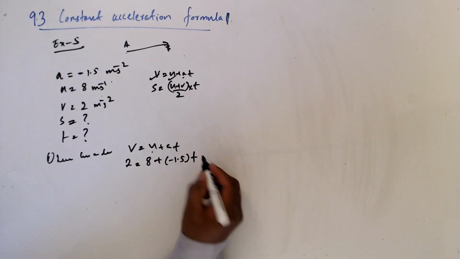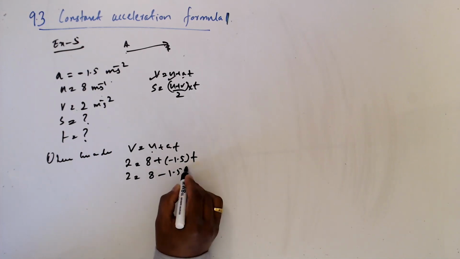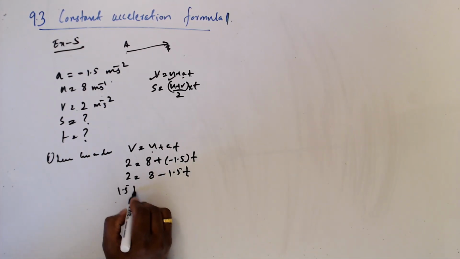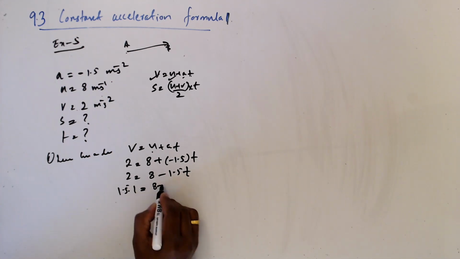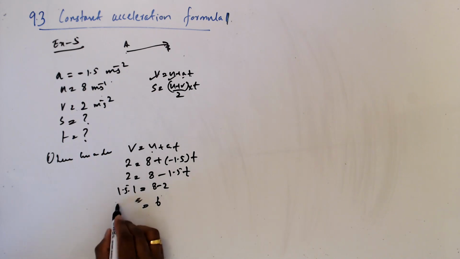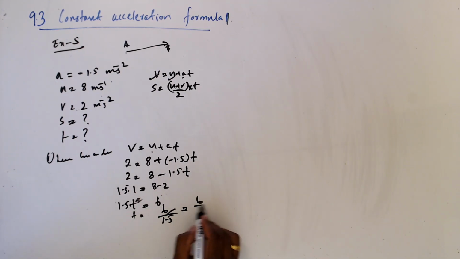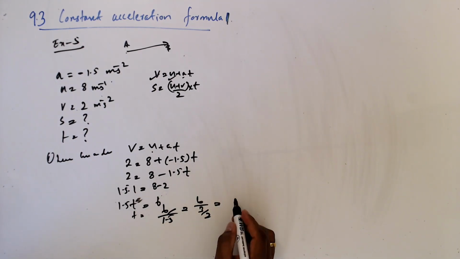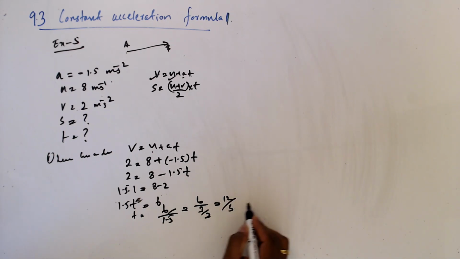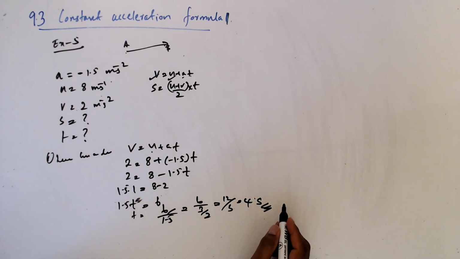So 2 equals 8 minus 1.5T. So 1.5T equals 8 minus 2, which is 6 equals 1.5T. T equals 6 divided by 1.5, which is 6 divided by 3 over 2, 12 over 3, which is 4. So that is 4 seconds.